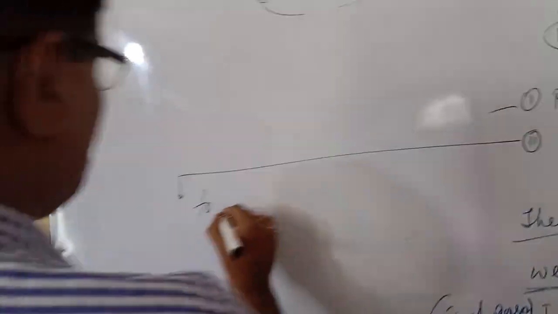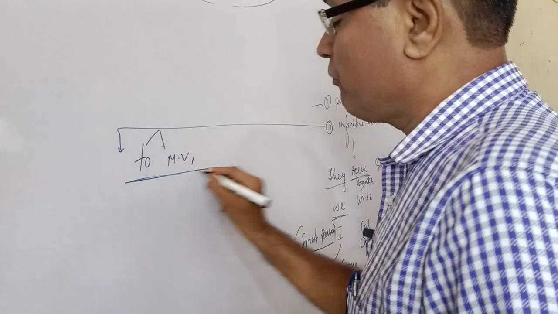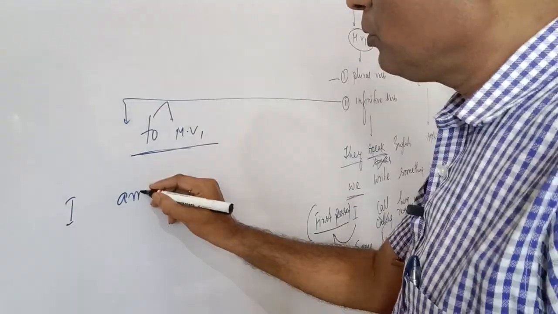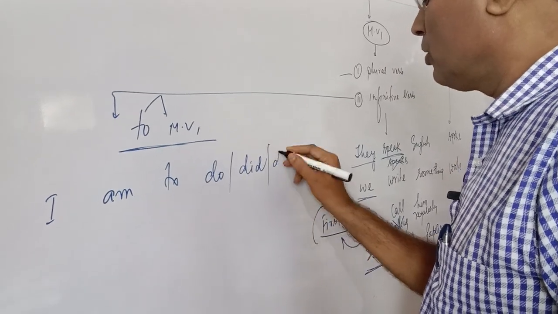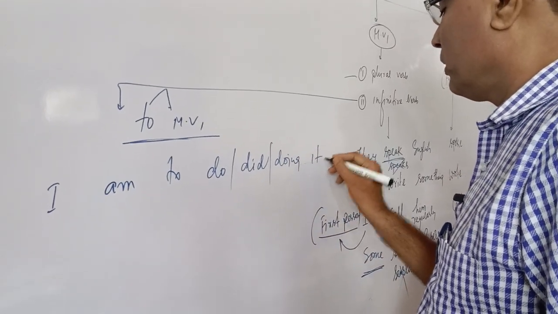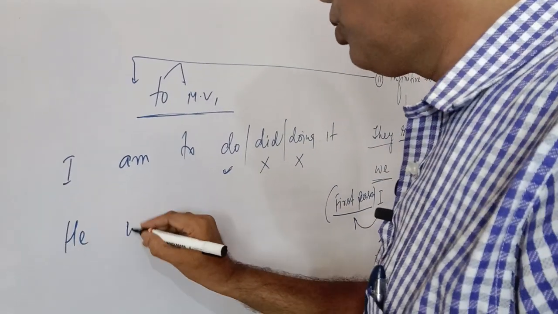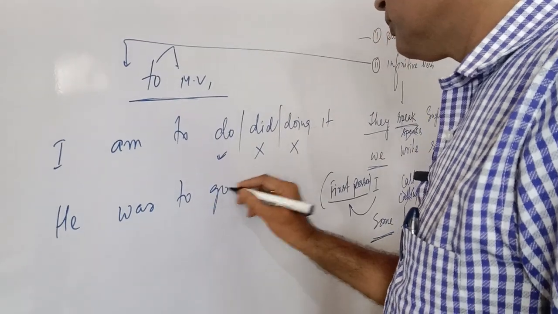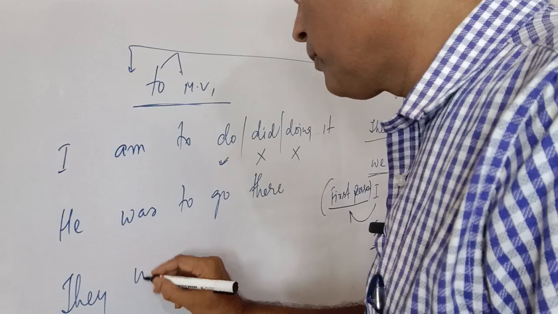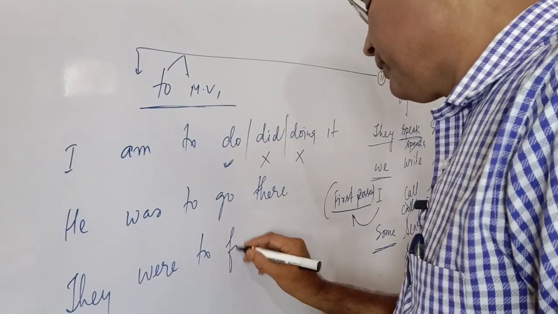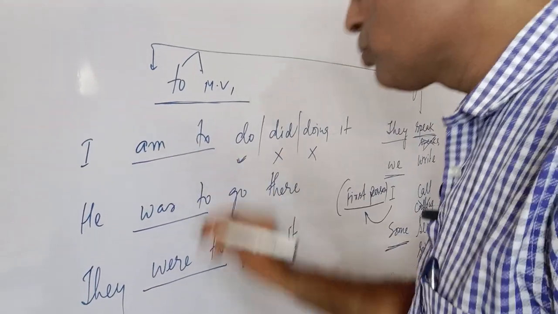Infinitive means to. With to, if you use main verb 1, it will be called the infinitive form verb. I am to do it, not did or doing it. This form will be applicable. He was to go there. They were to find it. Were to, was to, am to.